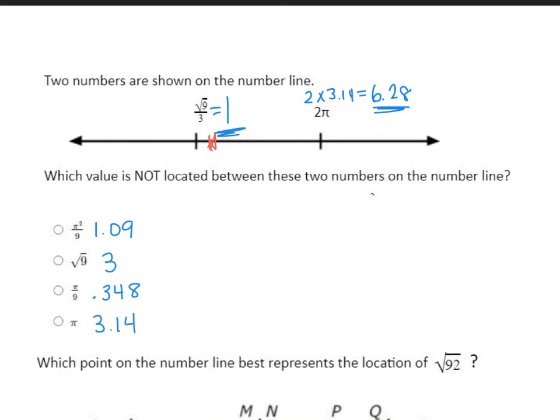My second one would be maybe around there somewhere. My third one would be about somewhere there. And my fourth answer would be in here somewhere also. So my third answer choice was the only one that was outside those lines based off my decimal values. That's the answer I would pick.